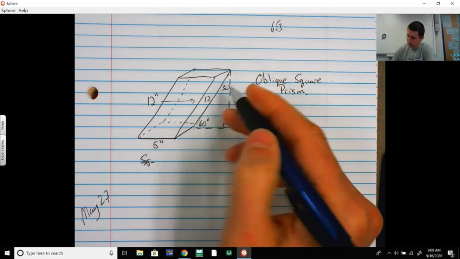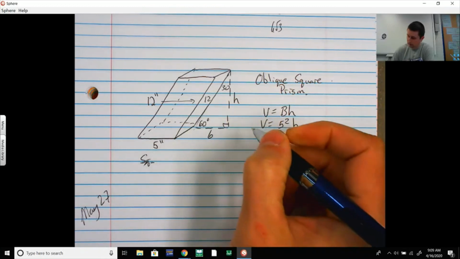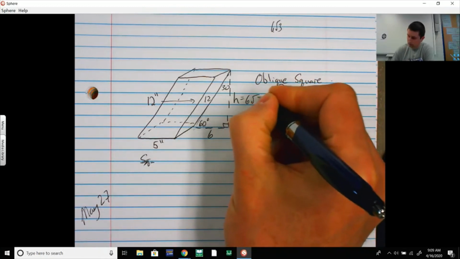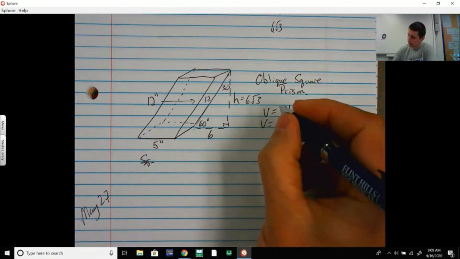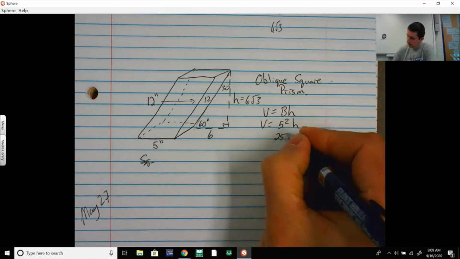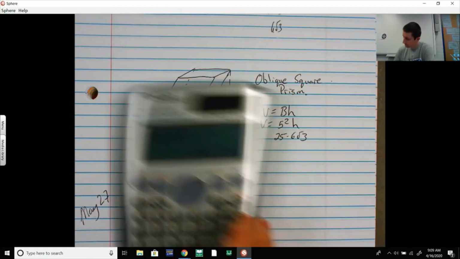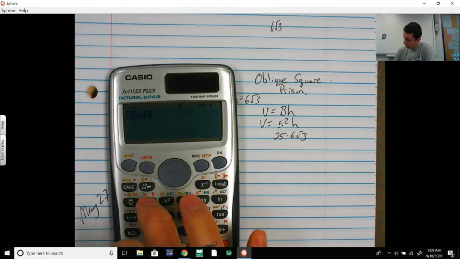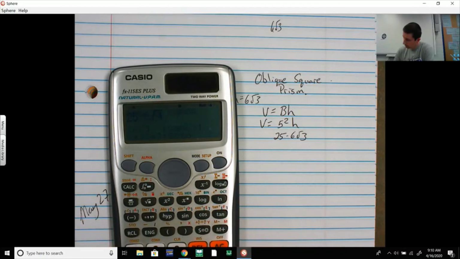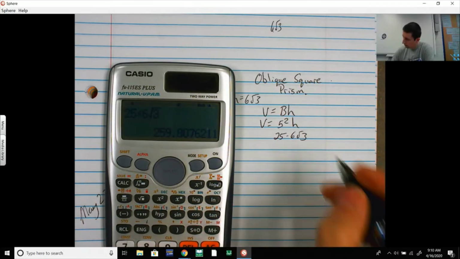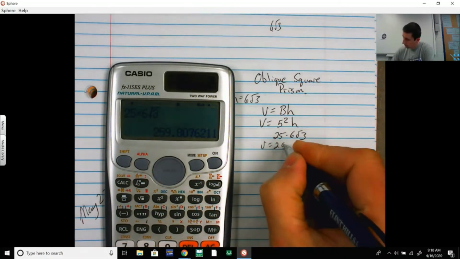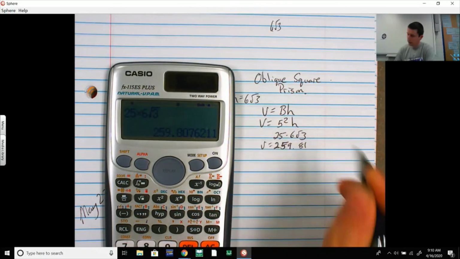So if that's 12, this is going to be 6, which makes our height 6 root 3. Those properties for 30, 60, 90s, look those up again. So we have 25 times 6 root 3, and we get the volume to be 259.81.